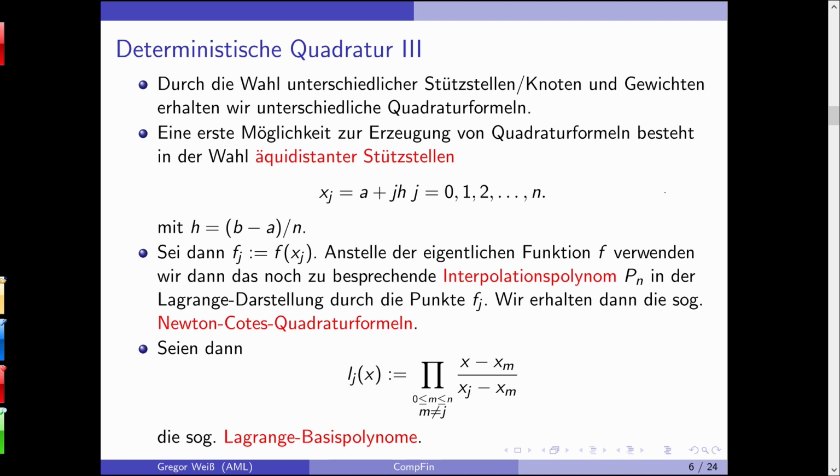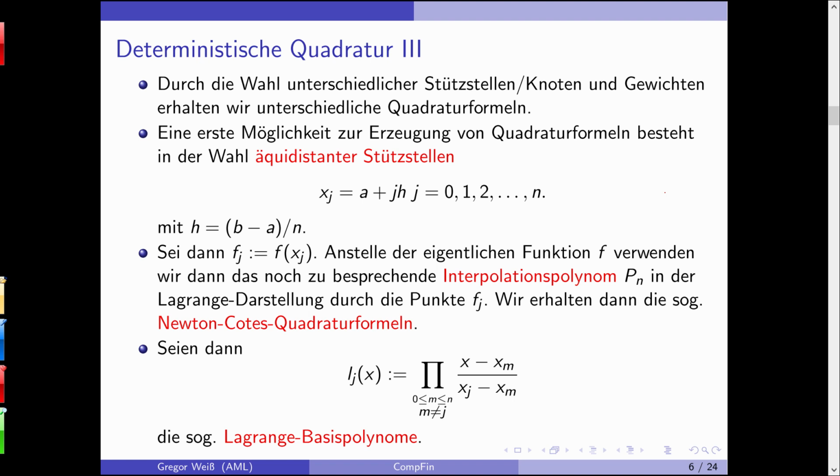Okay. So let's talk a little bit about some very basic quadrature formulas, and we'll start with the famous Newton-Cotes quadrature. By the names, you can see that some of those formulas date back way into the Renaissance. What you do is, first of all, we are using equidistant nodes: xj is equal to a plus a certain step.